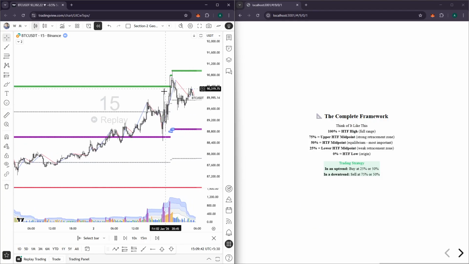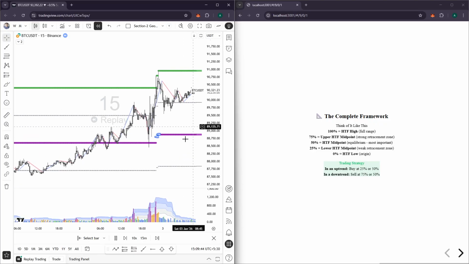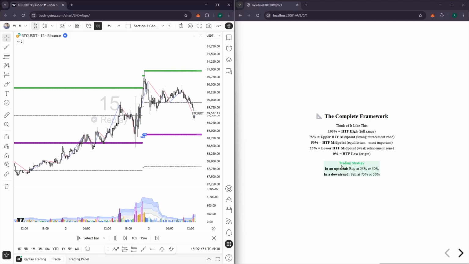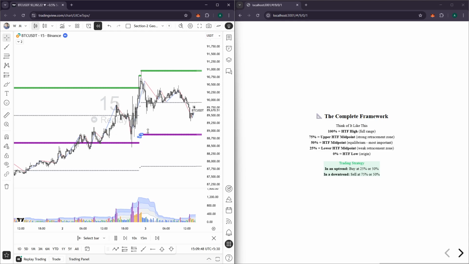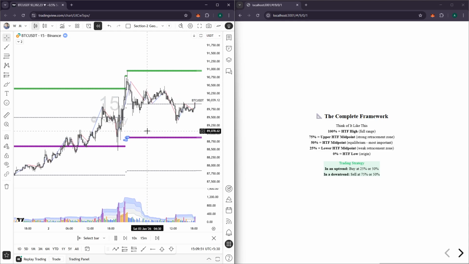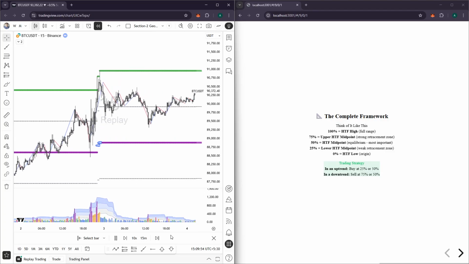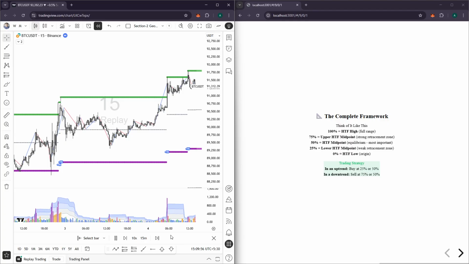So see, now it's uptrending, right? So now midpoint and the 25% level is your buy. Okay, check this out, how it's working now.